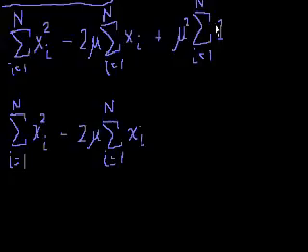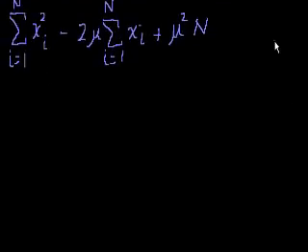Essentially, we're going to add 1 to itself n times. Whatever you have here, just iterate through it n times. If you had an x sub i here, you would use the first x term, then the second x term. But when you have a 1 here, this is just saying add 1 to itself n times, which is the same thing as n. So this is going to be plus mu squared times n.